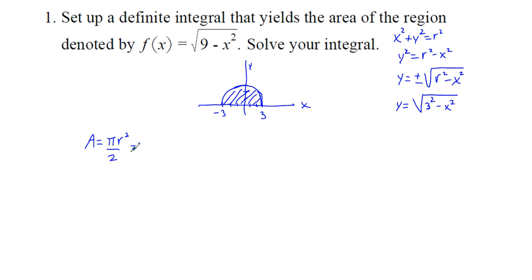Our radius is 3, so we have 3 squared divided by 2. So the area is equal to 9/2 pi. We had to understand what type of shape this is to work out this problem. Yes, this is integrable using trigonometric substitution, but we're just going to leave it here today.